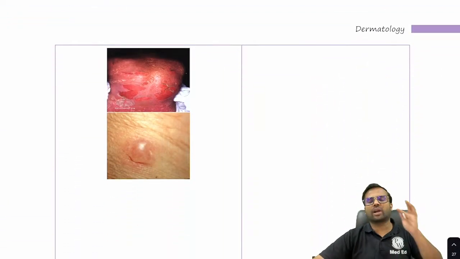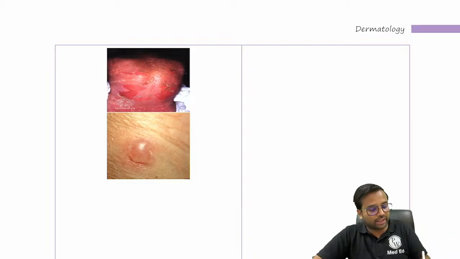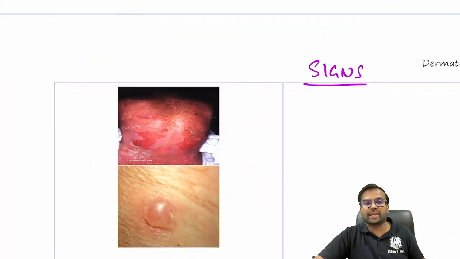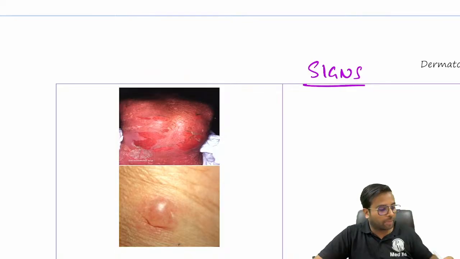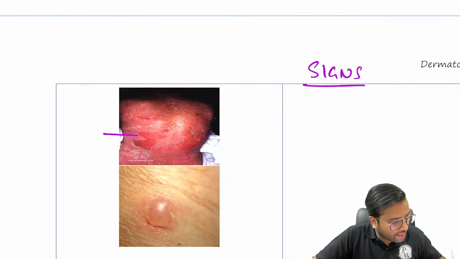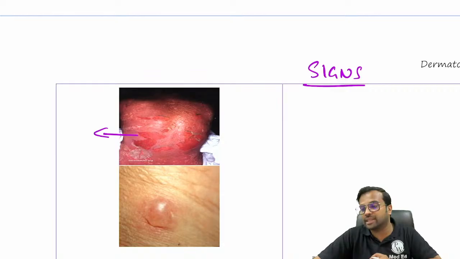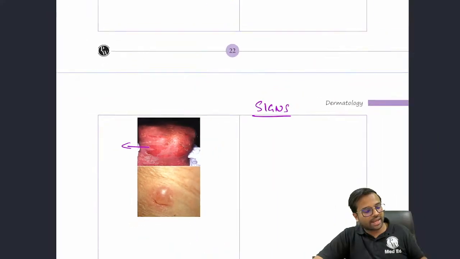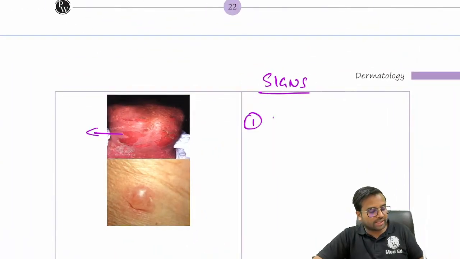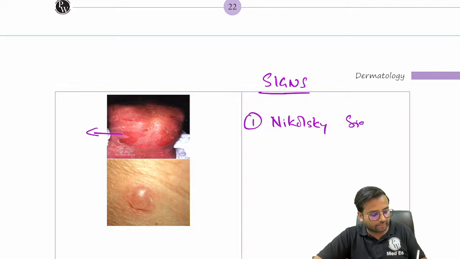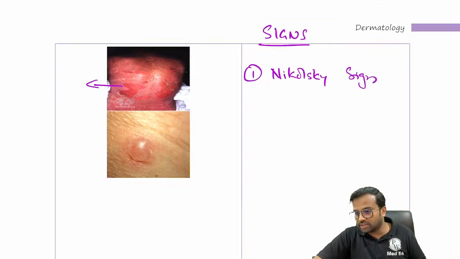Now in pemphigus vulgaris, there can be some clinical signs as well. So what are the clinical signs that you can elicit in pemphigus vulgaris? Because imagine that I'm applying a tangential pressure like this over the skin, and the skin may get peeled off. What is the name of this sign? This sign is called Nikolsky sign, isn't it?